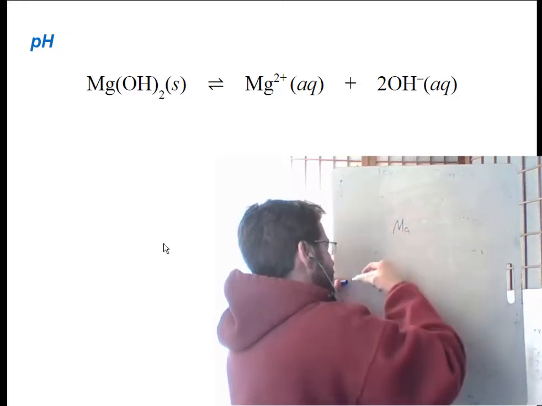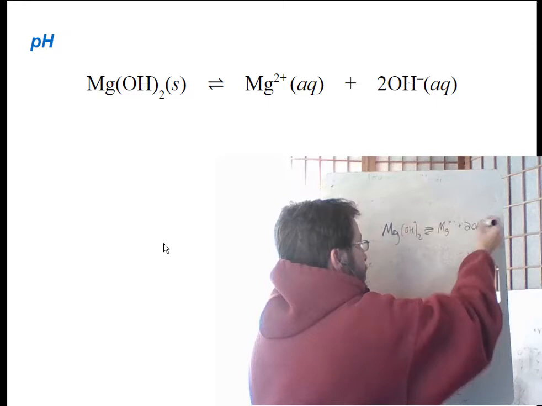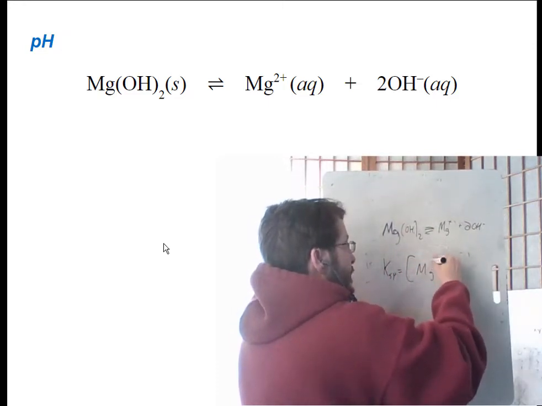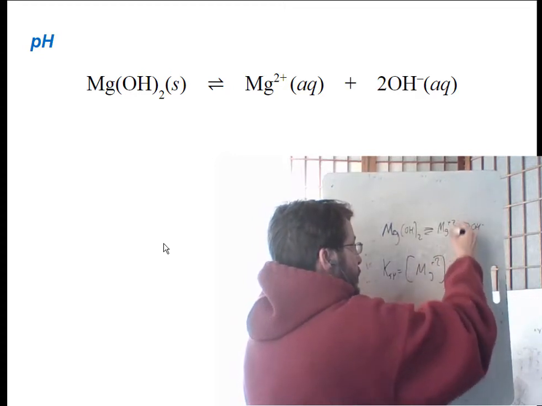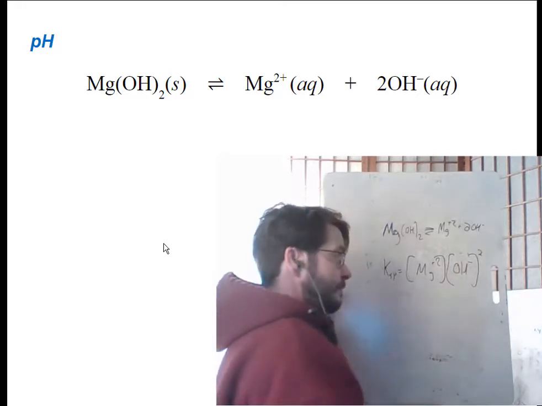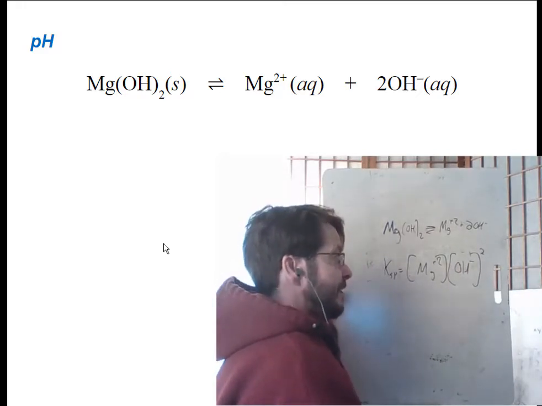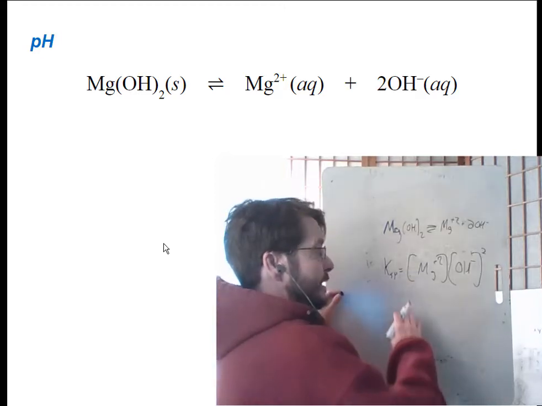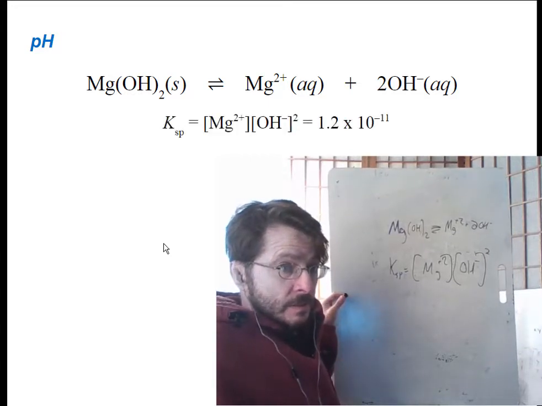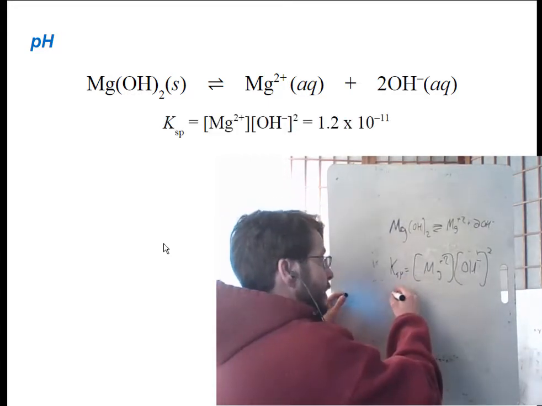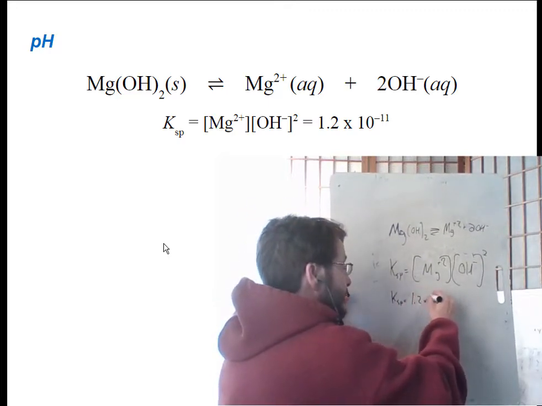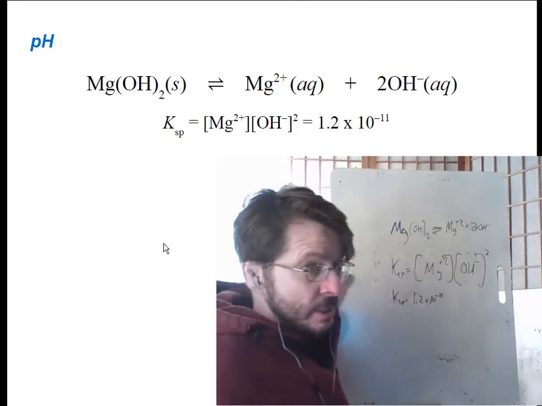So if you take a look at magnesium hydroxide, the KSP statement for this will equal magnesium plus 2, hydroxide minus squared. And we can figure out what the maximum magnesium concentration is going to be at a particular pH. It turns out that the KSP for this is equal to 1.2 times 10 to the negative 11, basically saying not much, right?